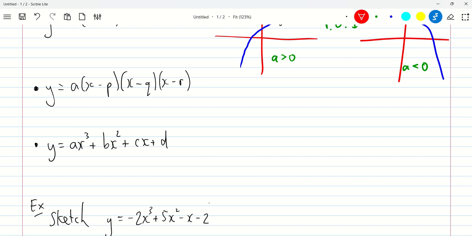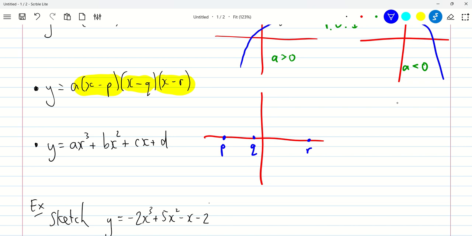Second one, if you've got factorized form, then you'll get a 0 for x minus p, a 0 for x minus q, and a 0 for x minus r. In other words, you're going to get something that crosses at p, q, and r.